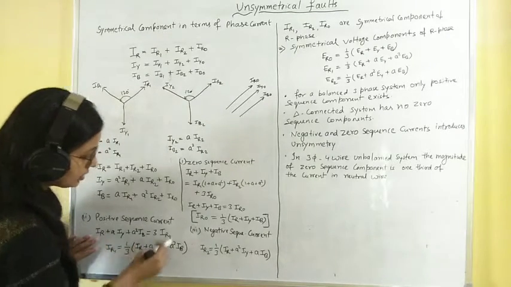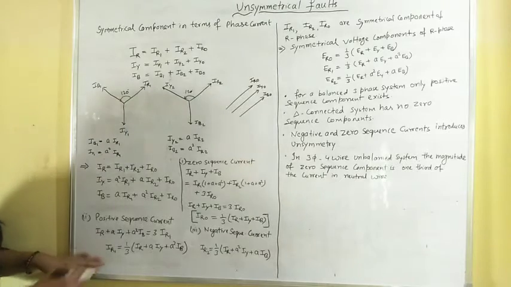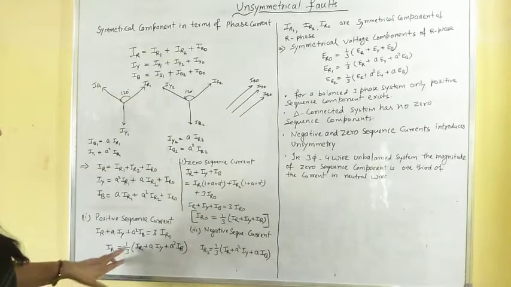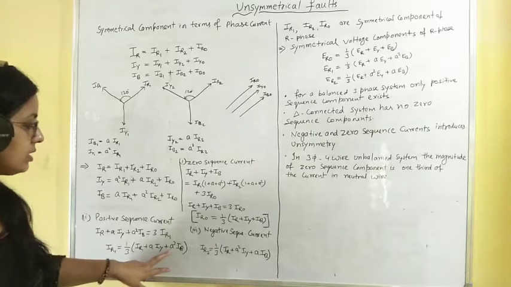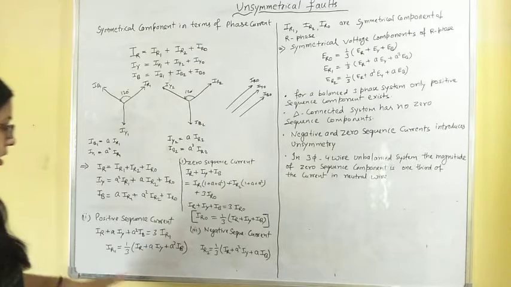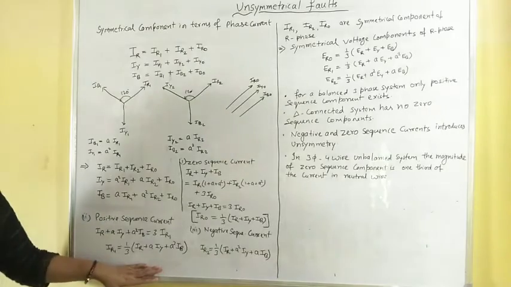From this equation we can find the value of the positive sequence current, that is 1 by 3 of IR plus A IY plus A square IB. So this is the positive sequence current.